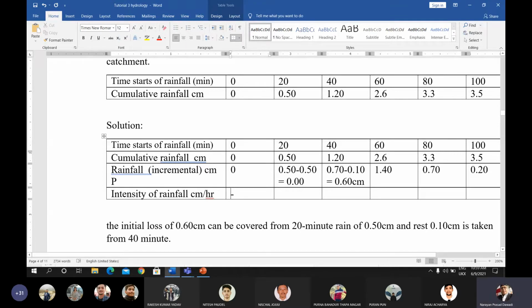Now this is not considered up to this 60 centimeter, and for 20 minute duration, this will be 60 into 20 divided by 60, which gives the value.